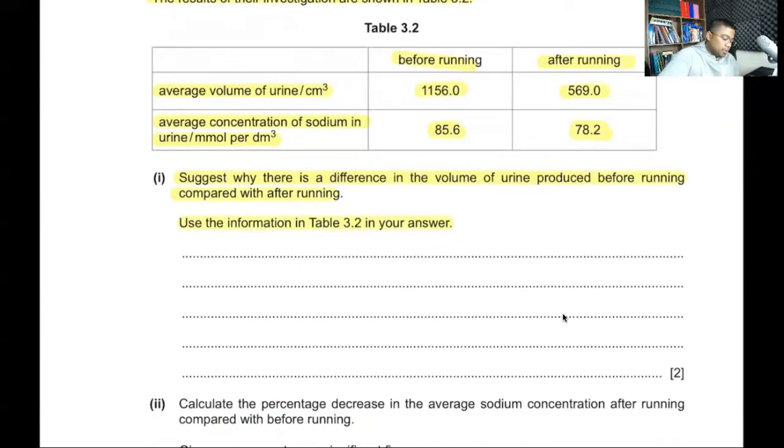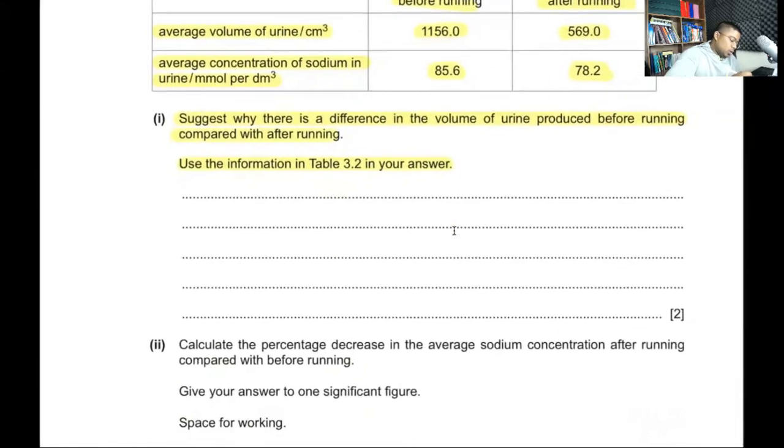So guys, it's very simple. Before running the race, obviously the person was properly hydrated. But during the race, the person got dehydrated because of all of the sweat that came out of the body, right? So we are going to start the answer in this way.